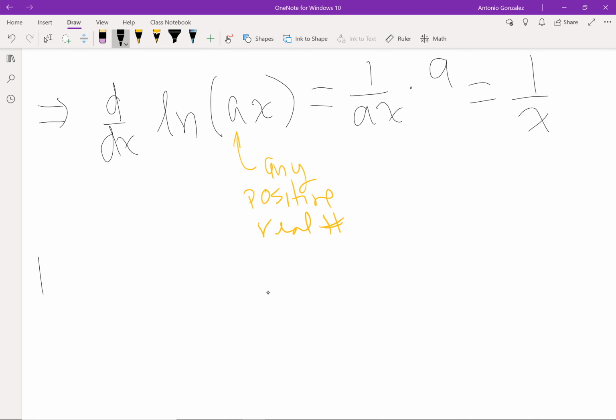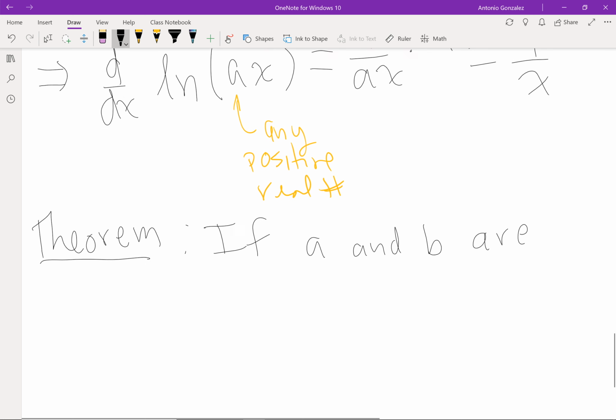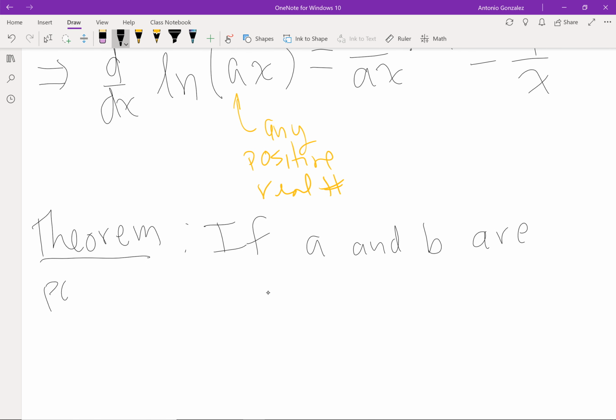Okay, so if a and b are positive, then the natural log of AB is equal to the natural log of A plus the natural log of B.